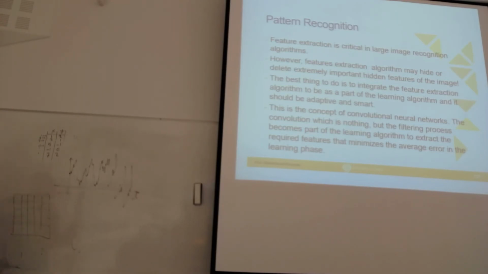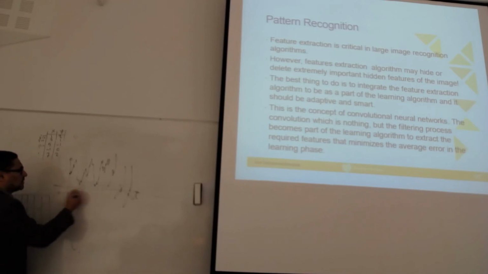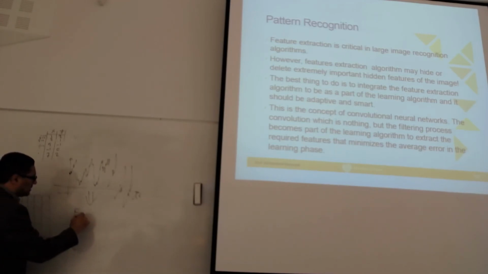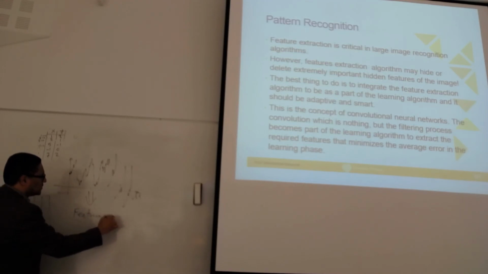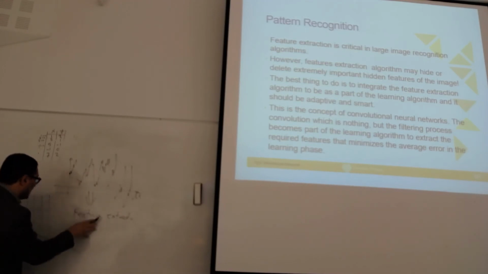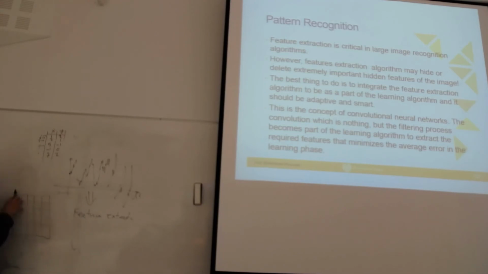The first thing that we need is to convert this time series signal to some features. So we need to build some features. Okay, so we need here feature extraction. We need to extract the features of this signal and then compare these features with the features stored in the database.